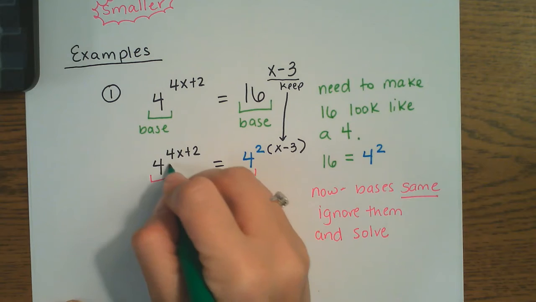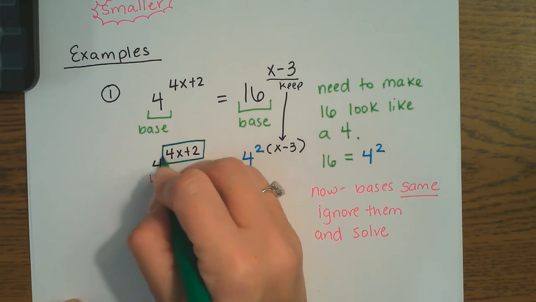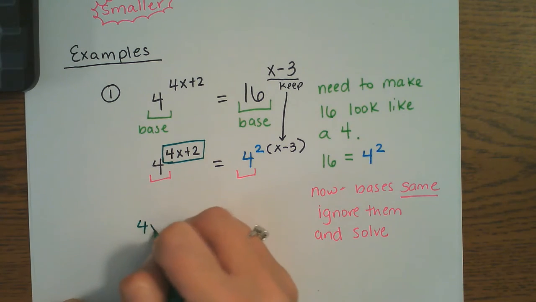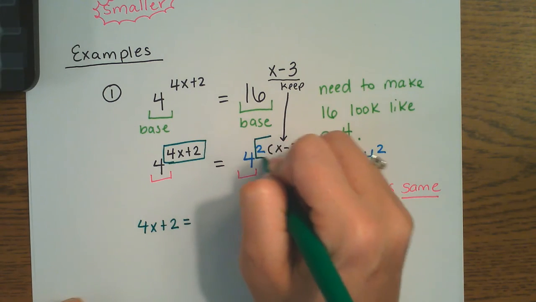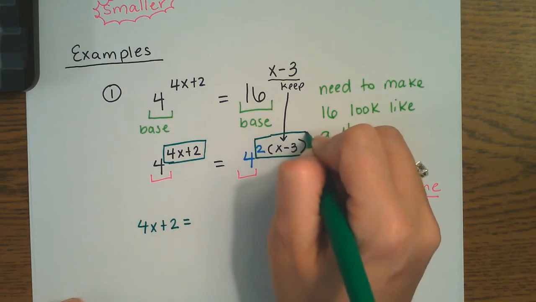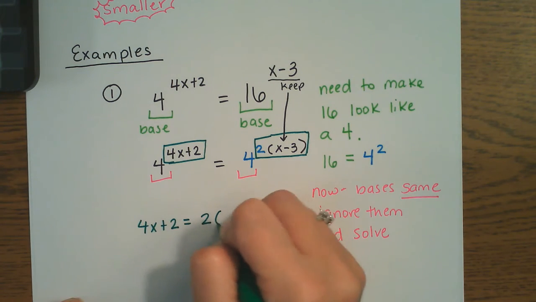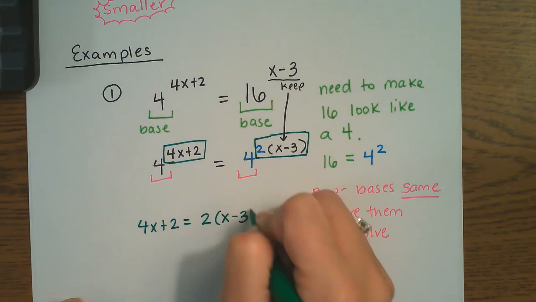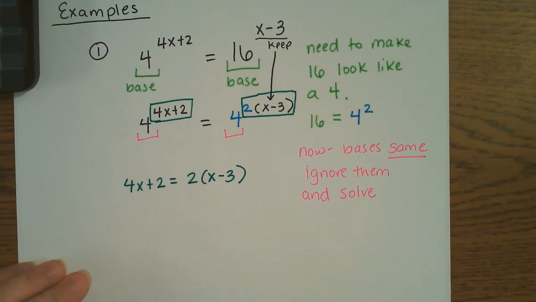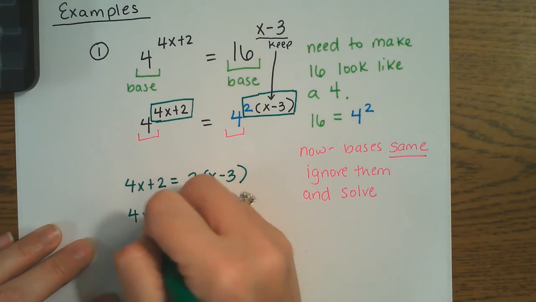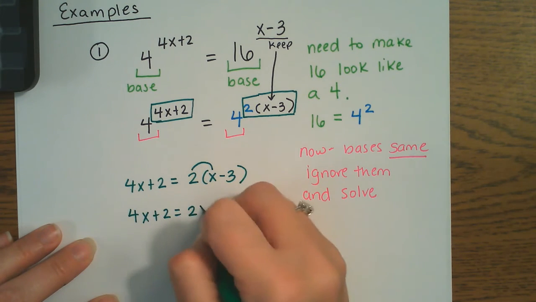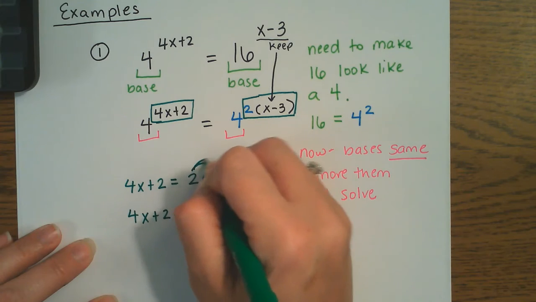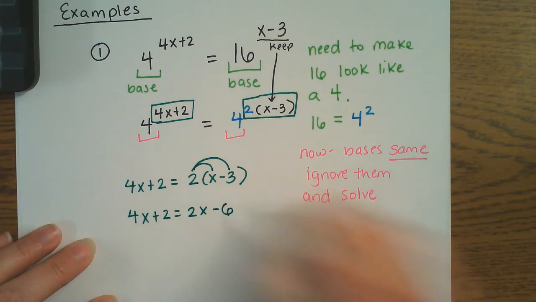So I'm going to take 4x plus 2 and set it equal to 2 times x minus 3. So a little bit of equationing here. We've got 4x plus 2 equals 2x minus, almost made a mistake, minus 6.